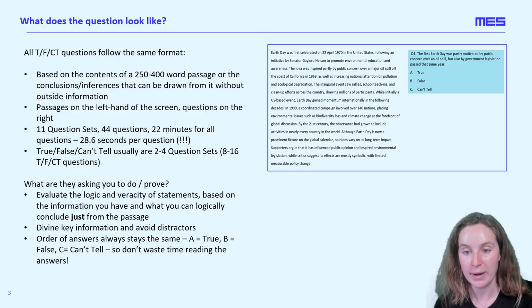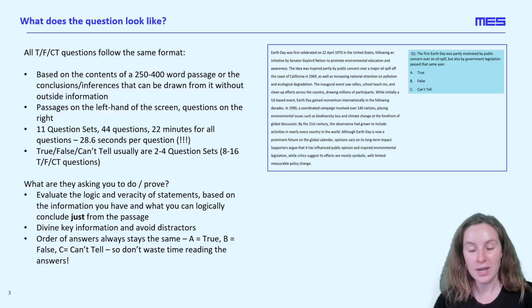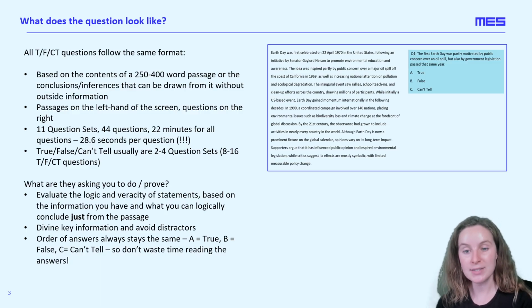So don't worry if it's about a topic that you know nothing about. Sometimes it may be about a topic you know lots about. In both cases you want to keep in mind that you are meant to answer only from the information you're given. So you can't bring any outside information from the outside world into the exam.